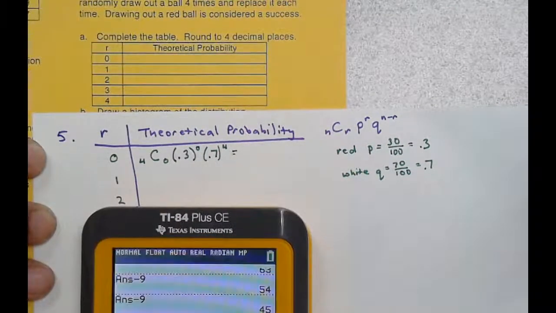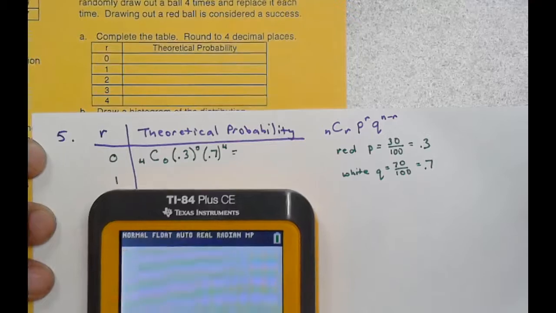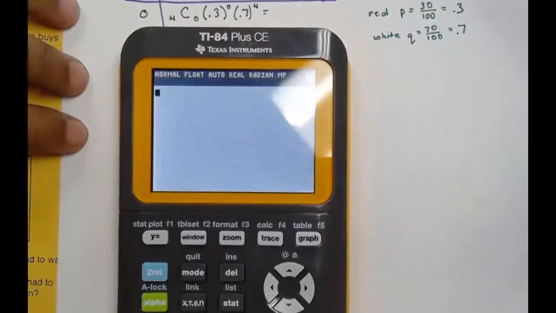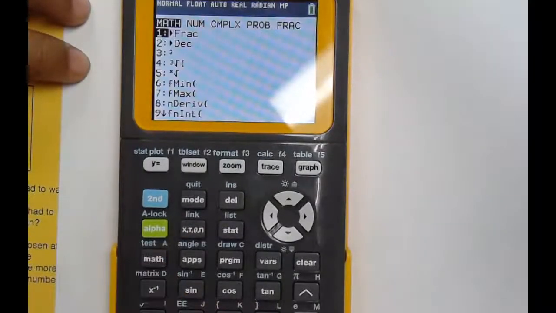So if you don't remember how to get there, you're basically going to hit the math button. Let me scoot this up here. So math is way down here.